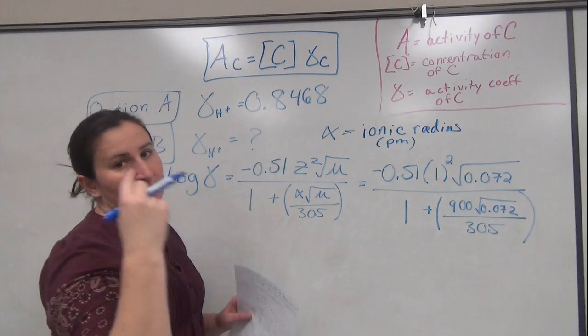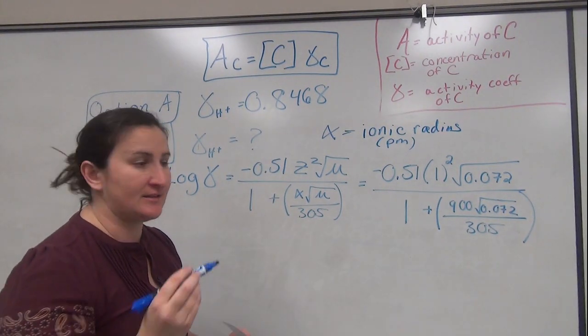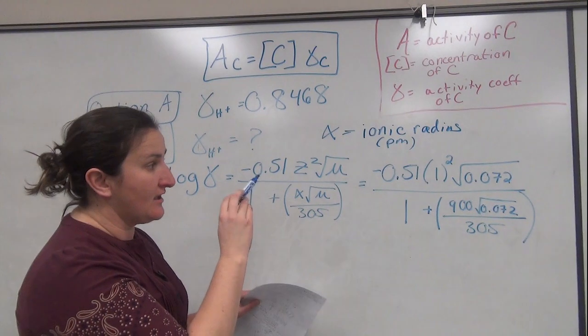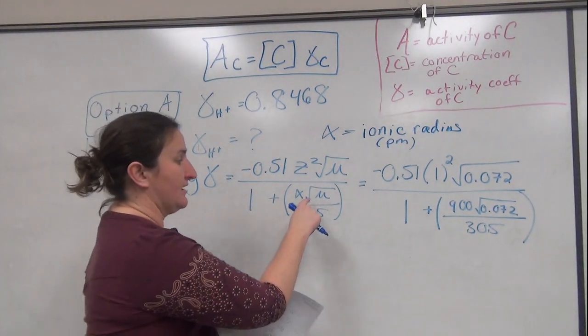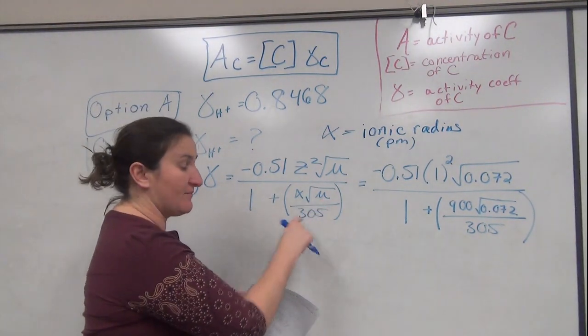So that can also be found on the table. So you can go look at your table and look down, and hydrogen's radius is going to be listed on the table, times the square root of your ionic strength divided by 305.